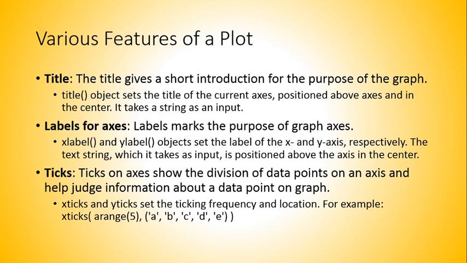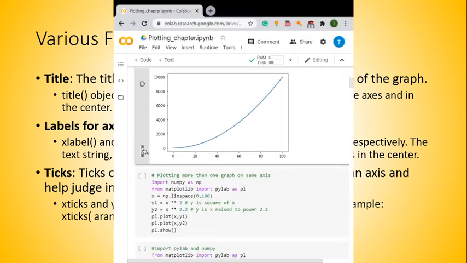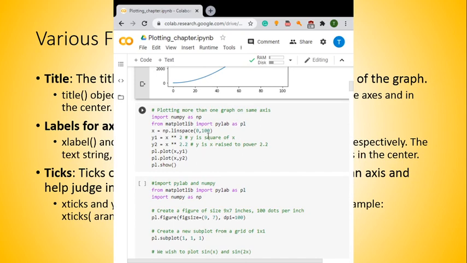Here I am going to show you how to plot more than one plot on the same axis. This particular next example which I want to show you is important from that point of view. It is possible to plot more than one graph on the same axis using Python programming.